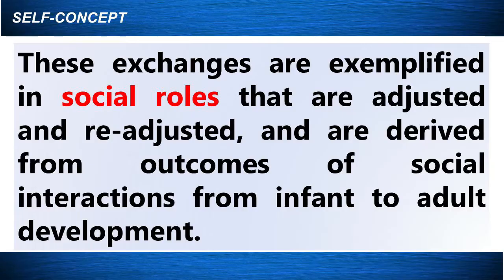May mga pagtatalo dun sa atin kung ano ba dapat, ideal self or actual self. These exchanges are exemplified in social roles that are adjusted and readjusted and are derived from outcomes of social interactions from infancy, mula pagkabata natin hanggang tayo ay tumanda.